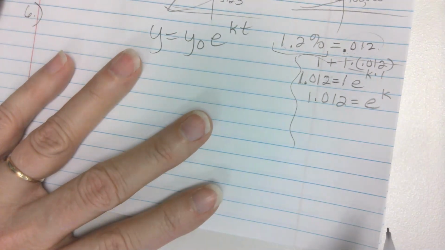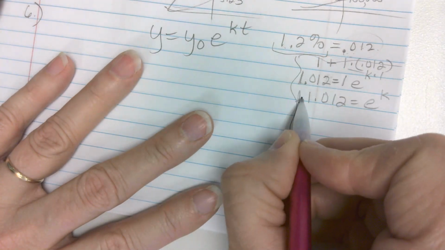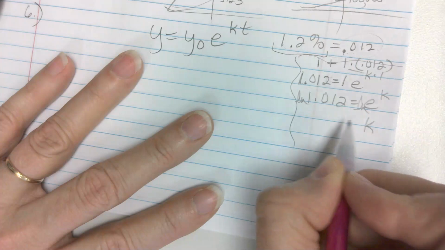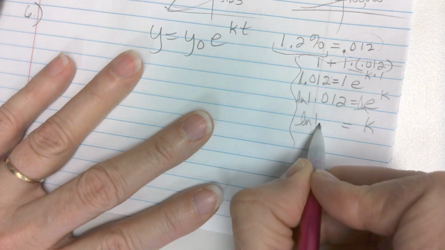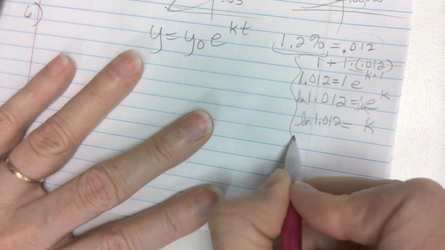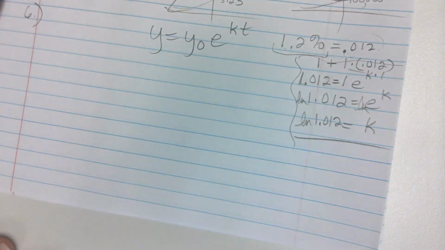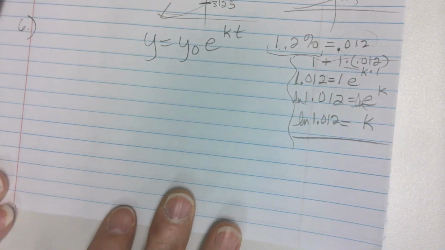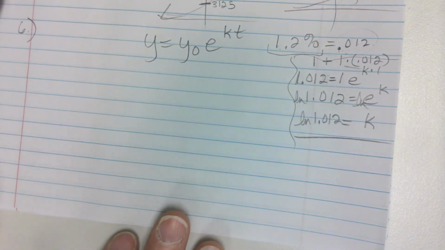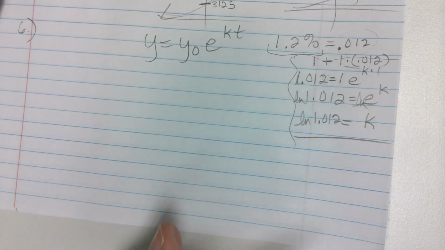How do I solve for the K? ln, this one's almost easy. Correct? Now, it tells us population, relative growth rate.